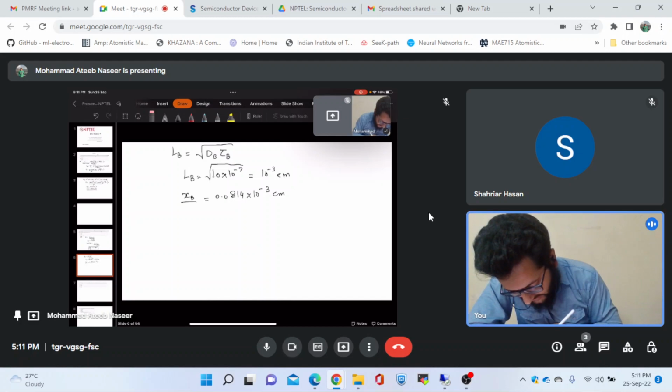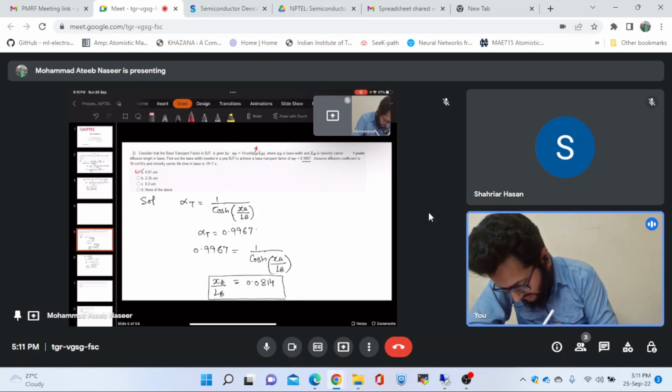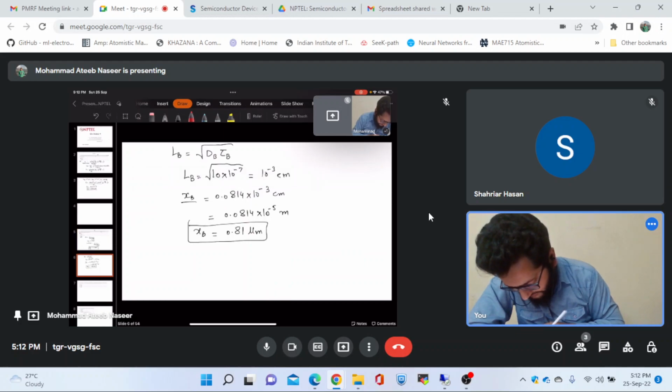So XB is this quantity, or if I convert it into meters, it will simply be 0.0814 into 10 to the power minus 5 meter, or if I convert it into micrometer, it will simply be 0.81 micrometers. This will be the base width. So this option A seems to be the correct option, and we should go with this option.